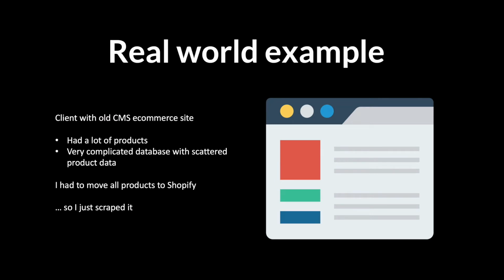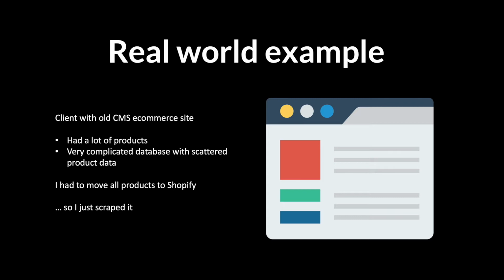So I had a client with a really old e-commerce website and a really old CMS. It had a lot of products and a very complicated database structure with scattered data all over the place. And instead of extracting data from that database, figuring out and writing all the SQL scripts and stuff like that, I just scraped it and moved it all to Shopify just by using a standard JSON format.